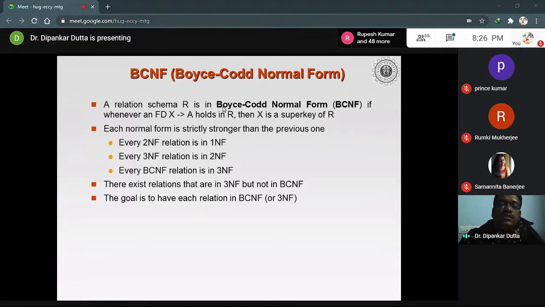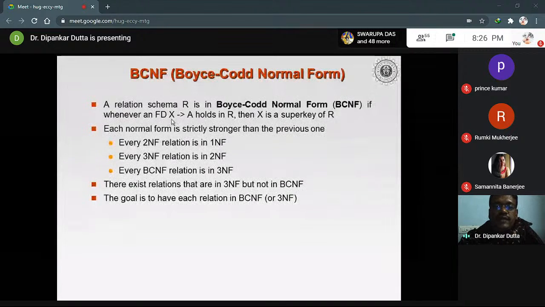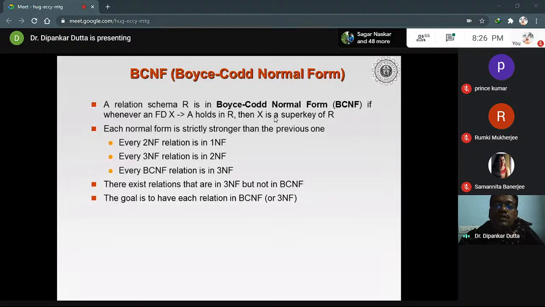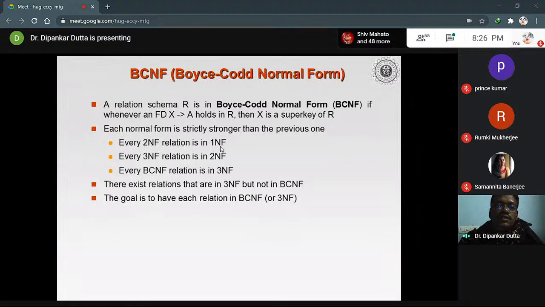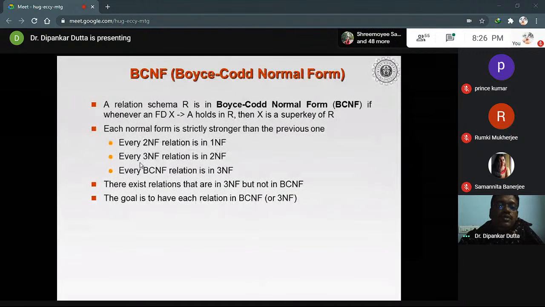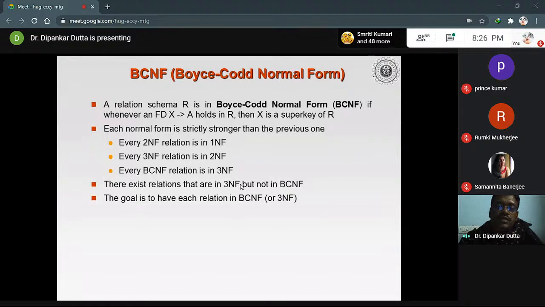A relational schema R is in BCNF if whenever an FD X implies A holds in R, X is a super key of R. Now, each normal form is strictly stronger than the previous one. So a 2NF relation is in 1NF, 3NF is in 2NF, every BCNF is in 3NF. But a 3NF relation may not be in BCNF.